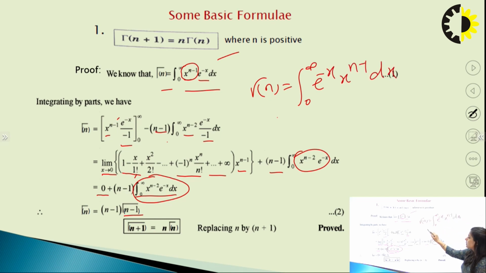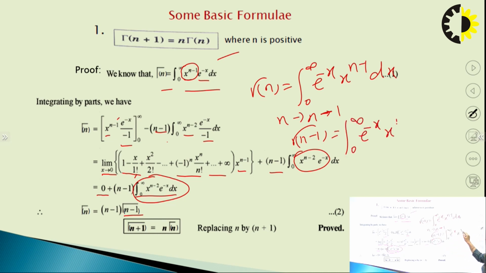Now we will replace n by n minus 1. So gamma n minus 1 is equal to integration 0 to infinite e power minus x and x power n minus 2 dx. So this integration is equal to gamma of n minus 1. So gamma n plus 1 is equal to n gamma n by replacing n by n plus 1.